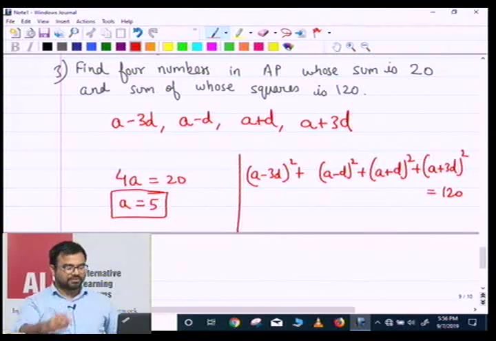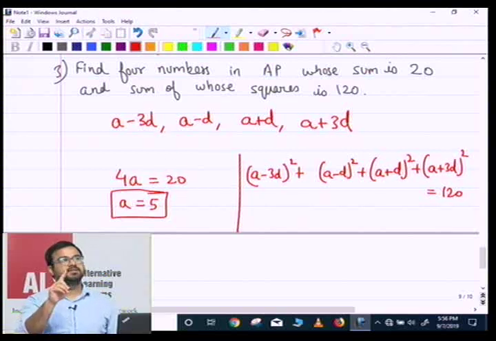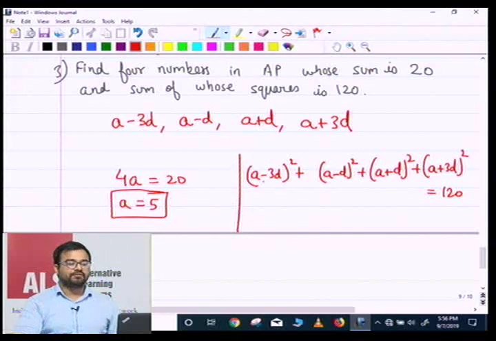When you open all the 4 squares, first you will get a square from the first bracket, a square from second, third and fourth bracket. So it will be 4a square.